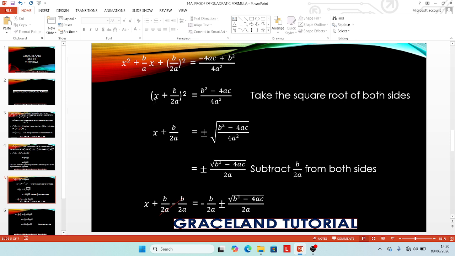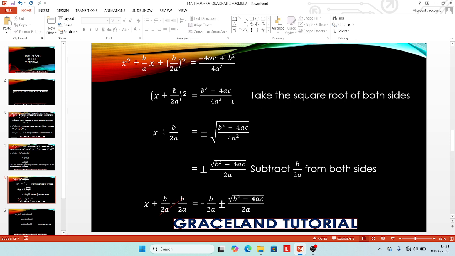If you expand x plus b over 2a in bracket squared, you are going to get x squared plus b over a x plus b over 2a in bracket squared. Now, x plus b over 2a in bracket squared will be equal to, now look at this, minus 4ac plus b squared, which can also be written as b squared minus 4ac over 4a squared.